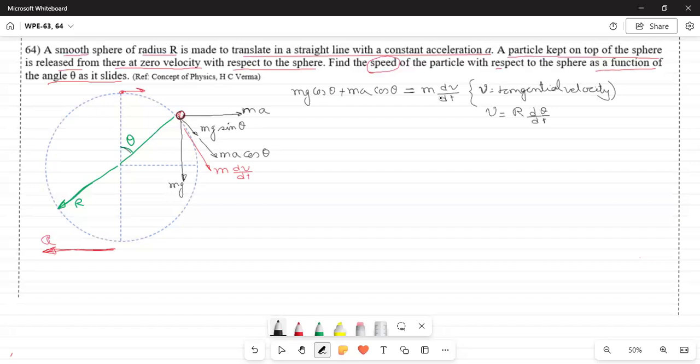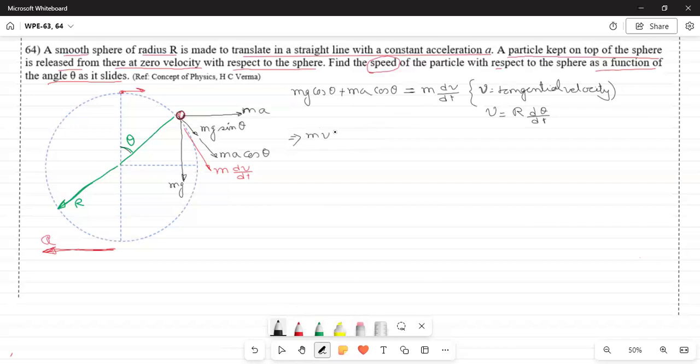We get m dv dt is equal to... Let's avoid writing the same equation once again. We multiply both the left hand side and right hand side with v first. Then what do we get?